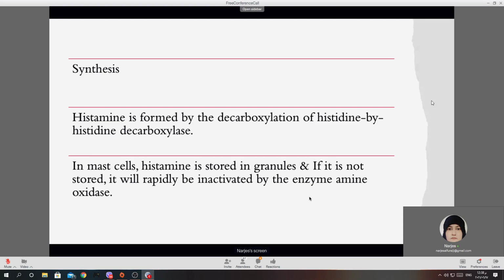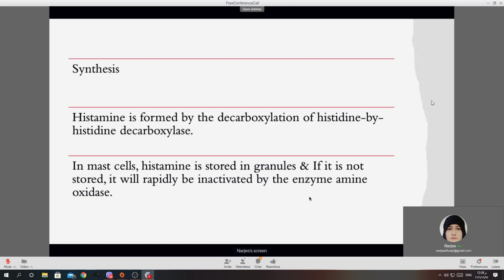How can histamine be synthesized? Histamine is basically formed by decarboxylation of histidine by histidine decarboxylase. Through this reaction, histamine will be formed.